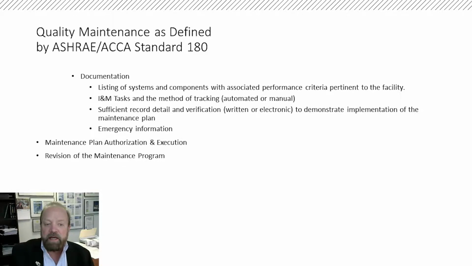And then you should document it, listing the systems and components, the inspection and maintenance tasks and method of tracking, whether it be automated or manual, sufficient record detail and verification, written or electronic, and then emergency information that would be required. Then you, of course, authorize the maintenance plan and execution, and then you make any revisions to the maintenance program as you develop it.